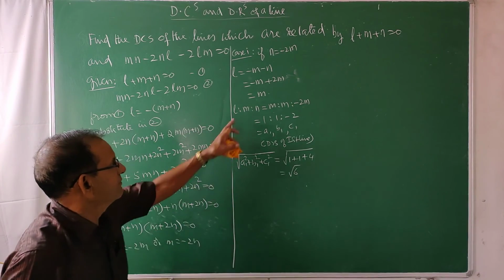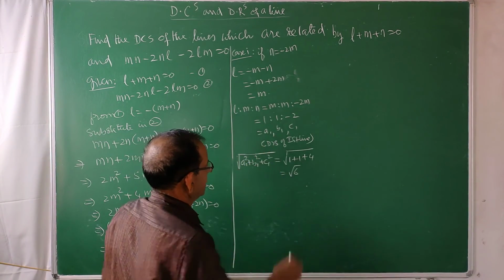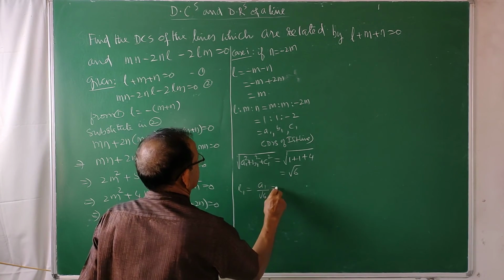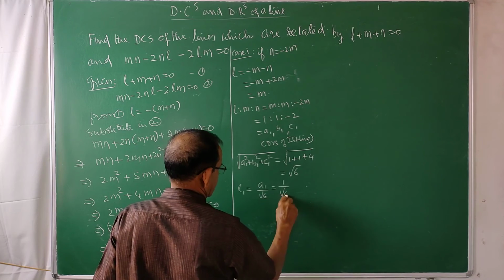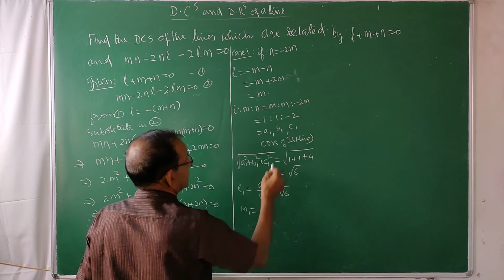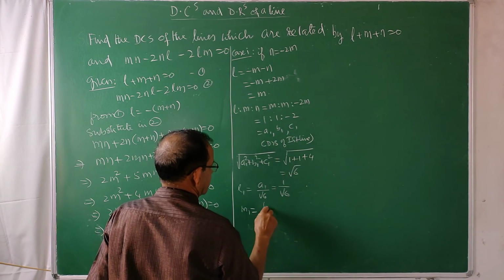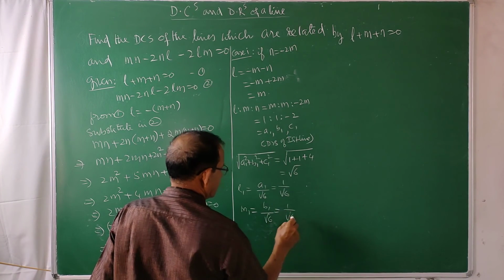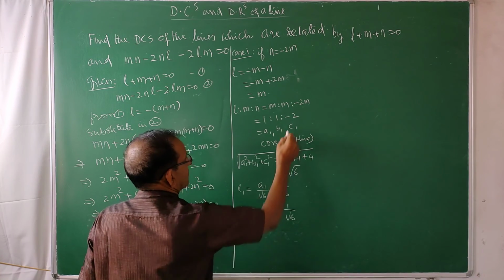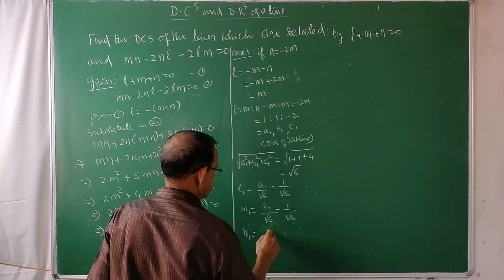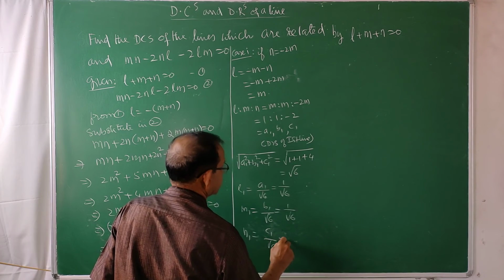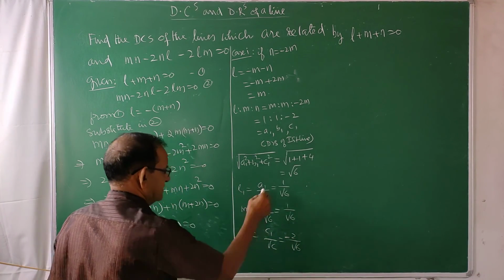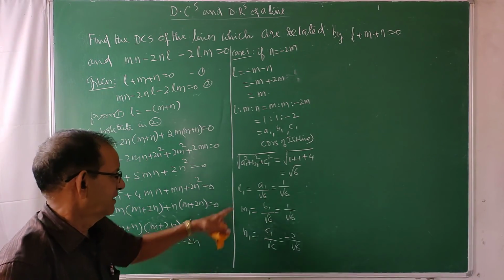So L1 is A1 by root 6, that is 1 by root 6. Similarly M1 is B1 by root 6, that is 1 by root 6, and N1 is C1 by root 6, that is minus 2 by root 6. Therefore, these are the DCs of the first line.